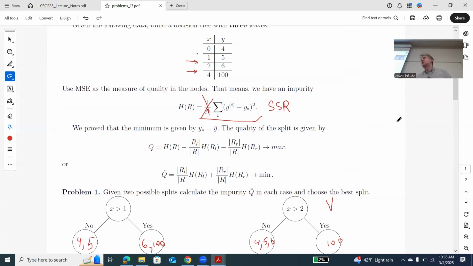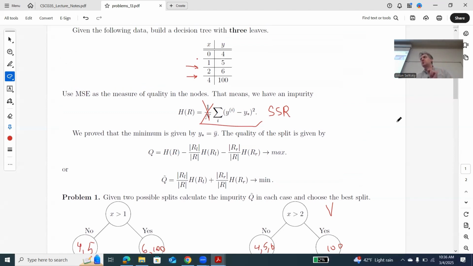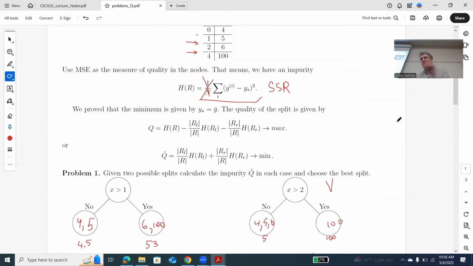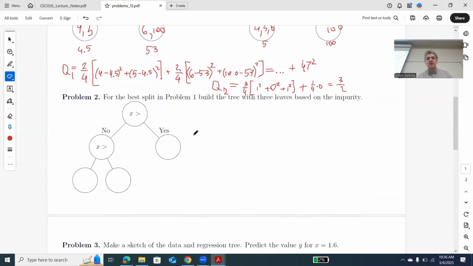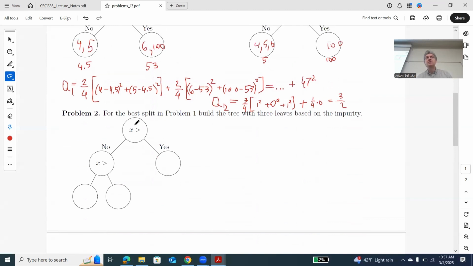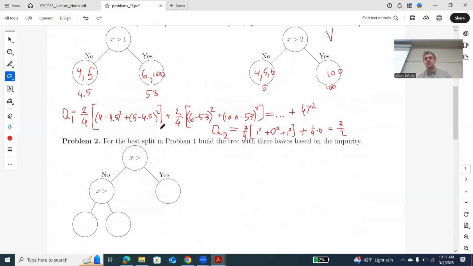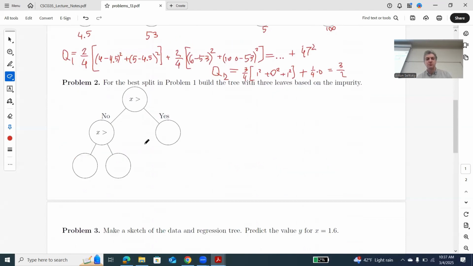Okay. Our goal is to build a tree with 3 leaves. So we should build one more split. So this is problem 2. Here we should use the best split from the first problem. So it will be greater than 2. And we should figure out the threshold in this second node.